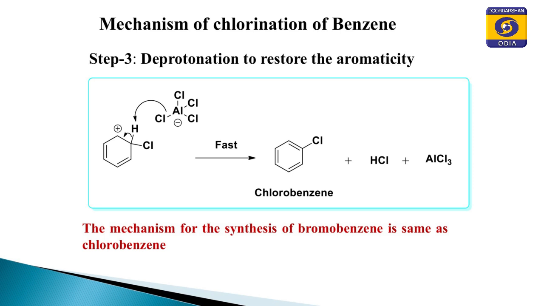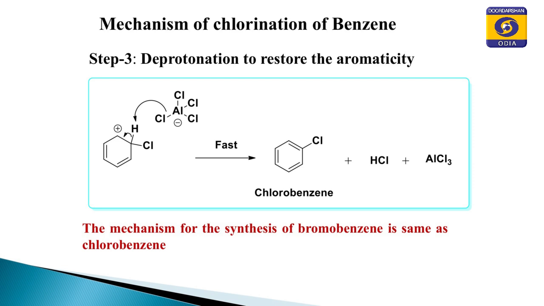From the resonating structures you see that the reaction is a slow reaction, and in this structure the carbon atom has lost its aromaticity. Why? Because it is tetravalent. Since it loses its aromaticity, the immediate step is that it undergoes deprotonation to restore the aromaticity.